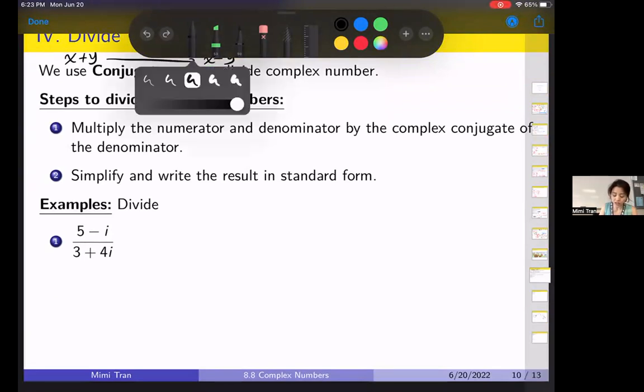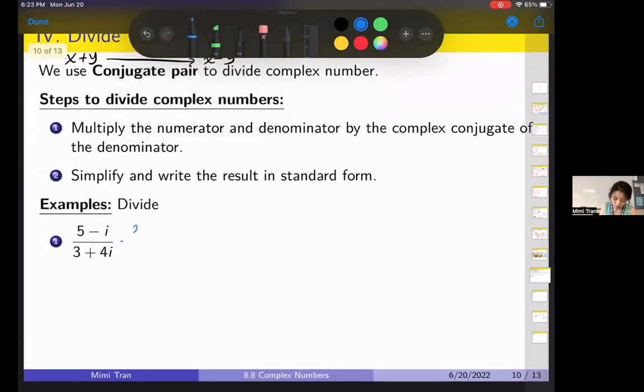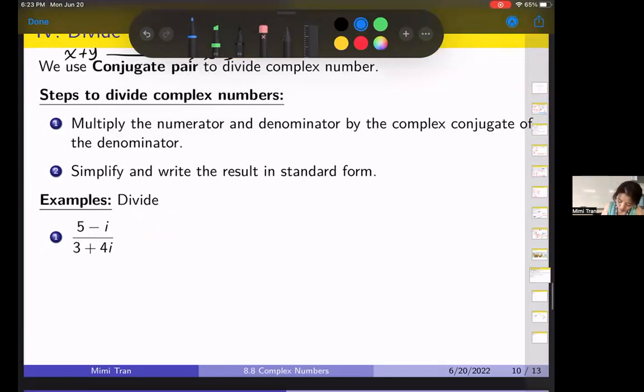So the conjugate of the denominator for number 1 will be 3 minus 4i. Okay, so times 3 minus 4i over 3 minus 4i.